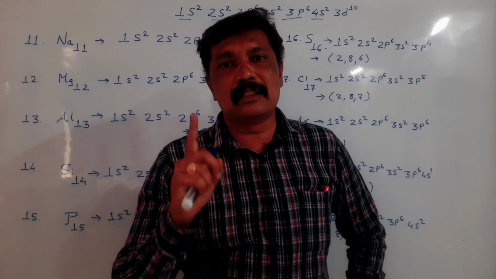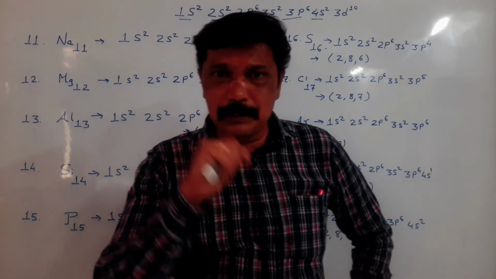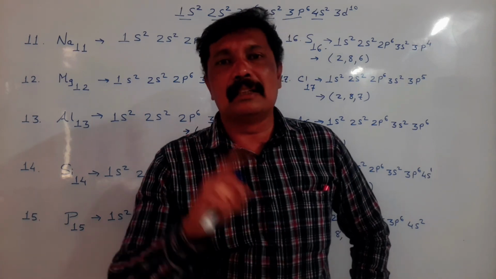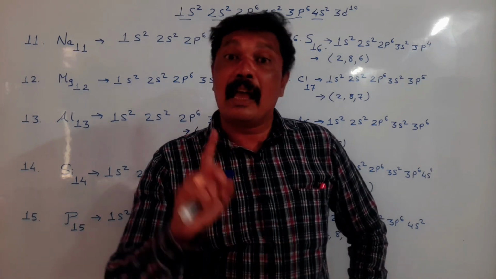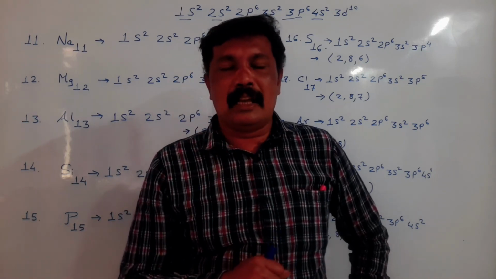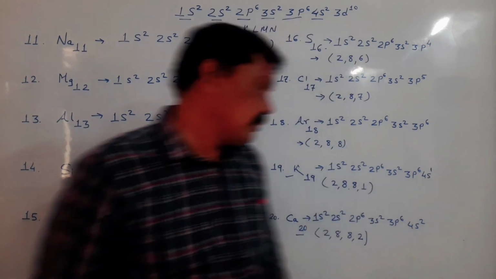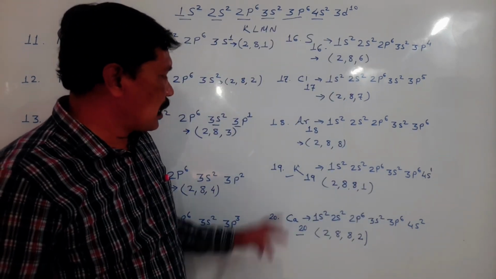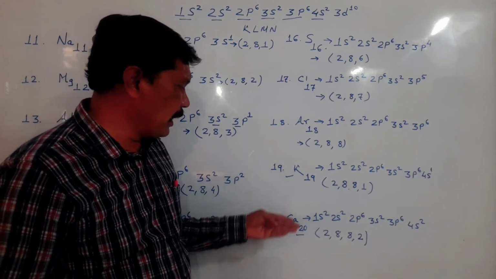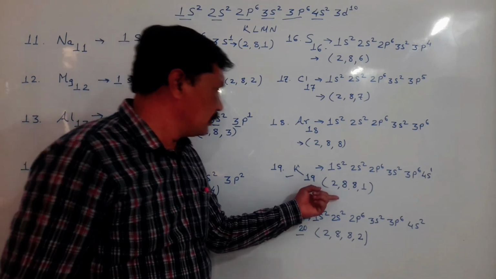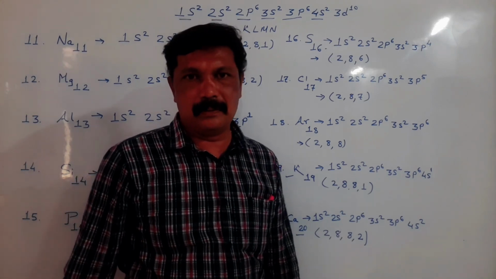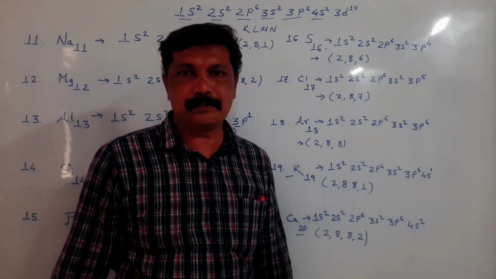S subshell has the capacity of 2 electrons, P subshell has the capacity of 6 electrons, D subshell has the capacity of 10 electrons, F subshell has the capacity of 14 electrons, and therefore when we study the electronic configuration of potassium and calcium, we get this electronic configuration according to Aufbau's principle. That's all, students. We'll stop here. Thank you very much.